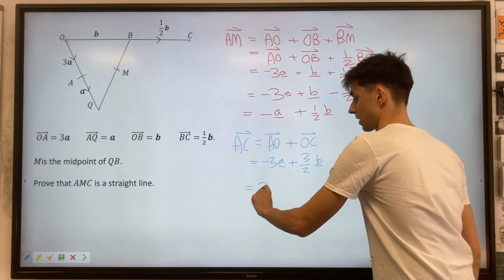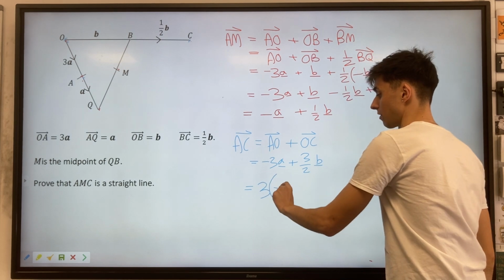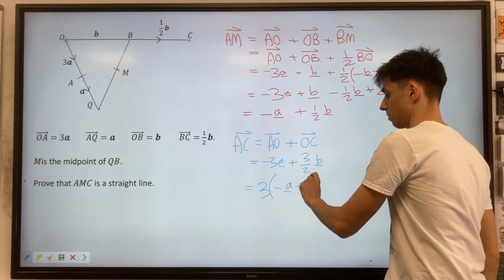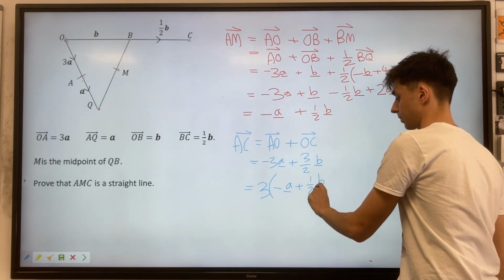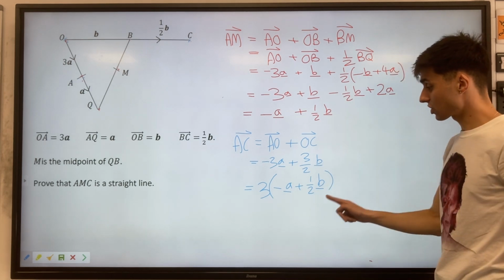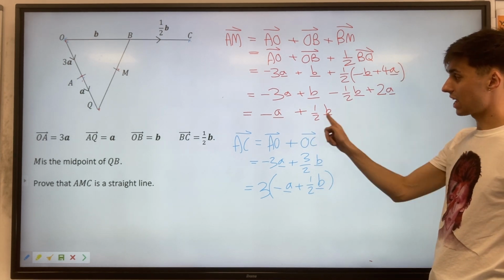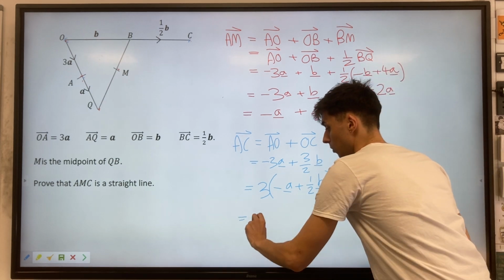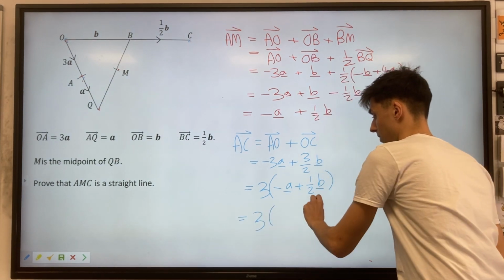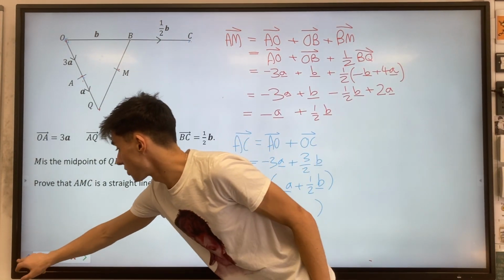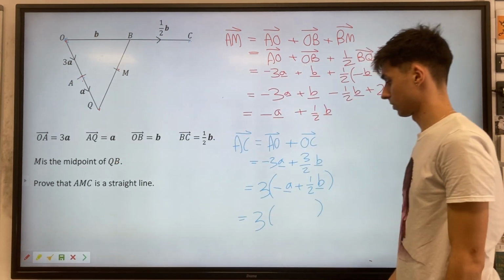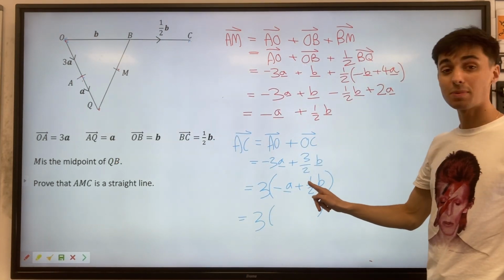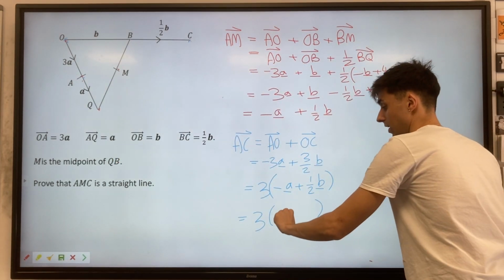So we'll take out a factor of 3 and then we'll have minus A plus a half B. And actually this vector was exactly the same as what we had from AM. So a really nice way to write our answer would be writing this as 3 brackets, and just changing back to my red pen, minus A plus a half B, that was our AM vector.